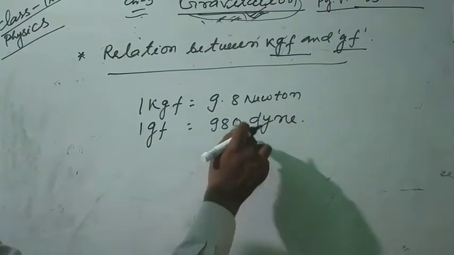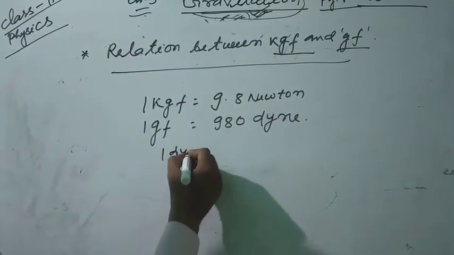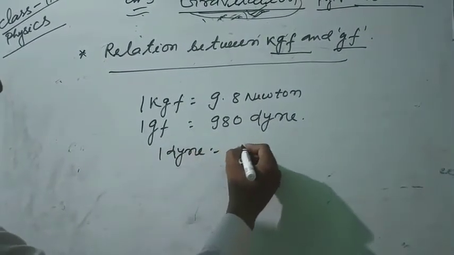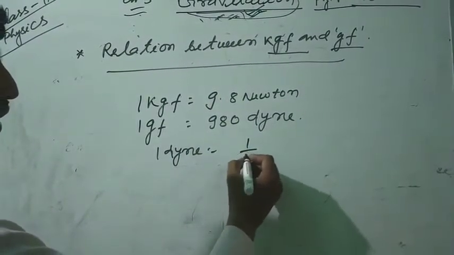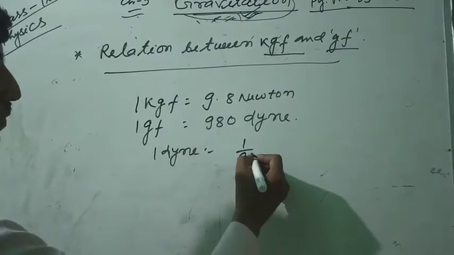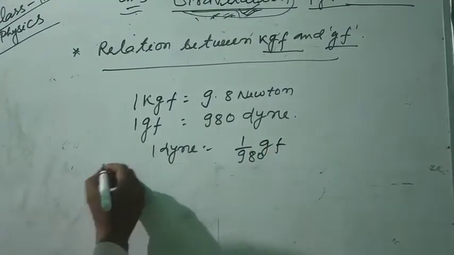So from this relation, 1 dyne is equal to 1 by 980 gram force.